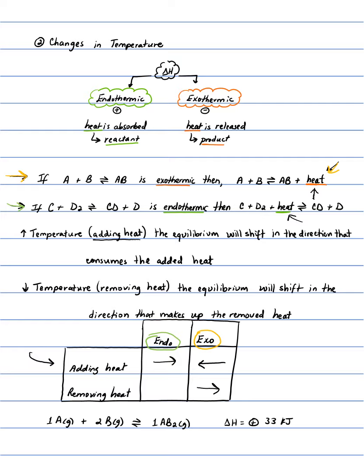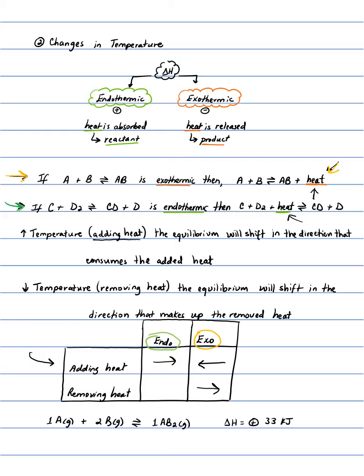Looking at the second one again, endothermic. Removing heat from an endothermic reaction. Endothermic, you have the heat as a reactant. Whenever you're removing something, the equilibrium will be shifted in the same direction of whatever substance we're taking away.